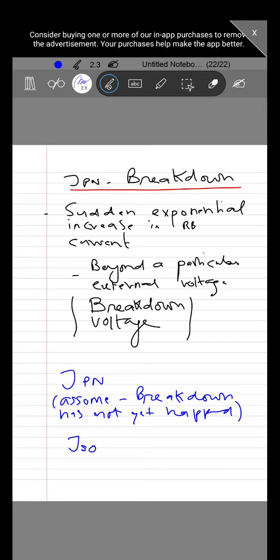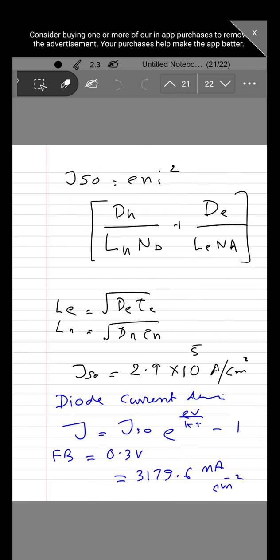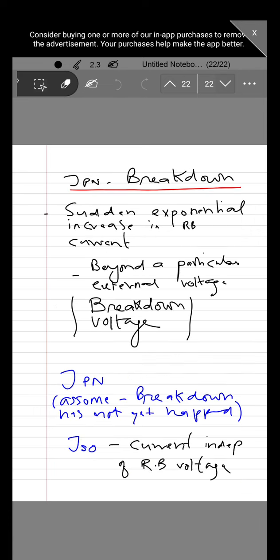And this is a current or current density which is independent of reverse bias voltage. Therefore, we don't have an expression of voltage here.